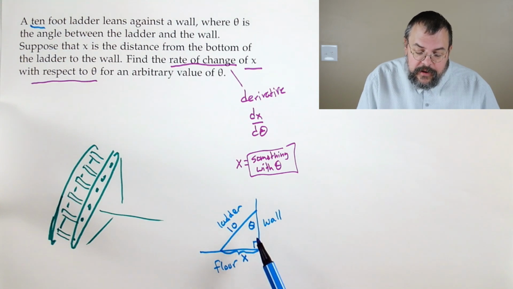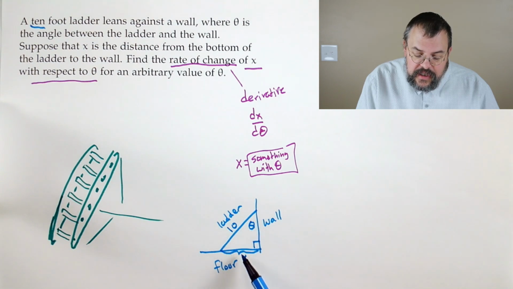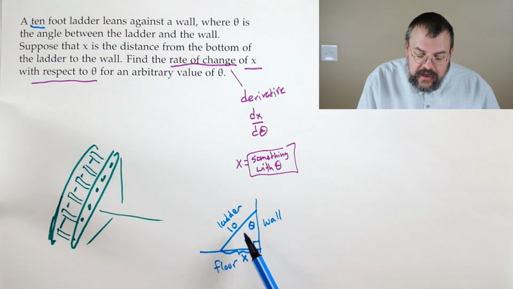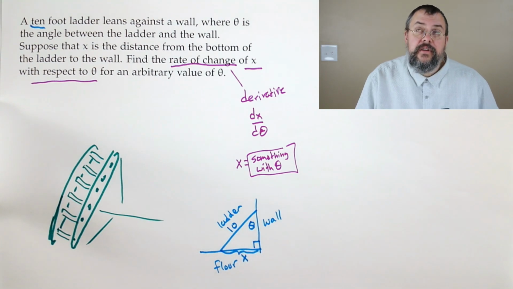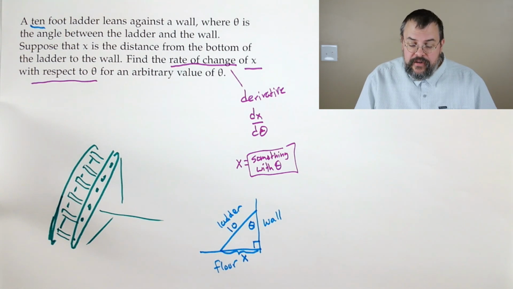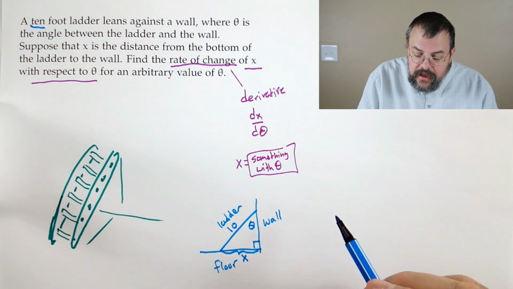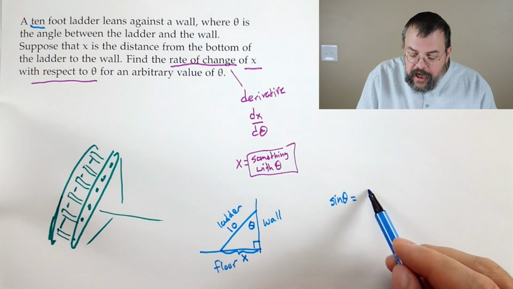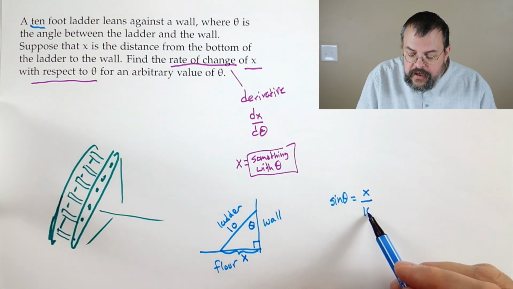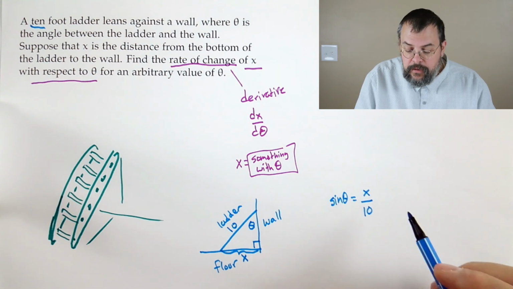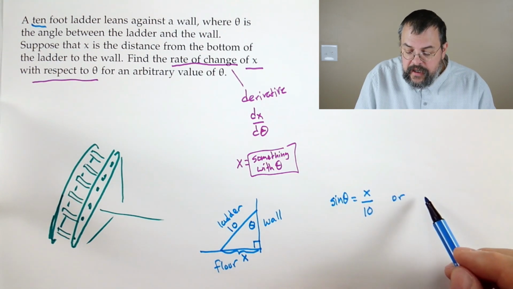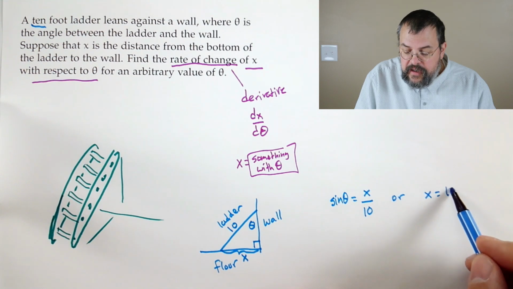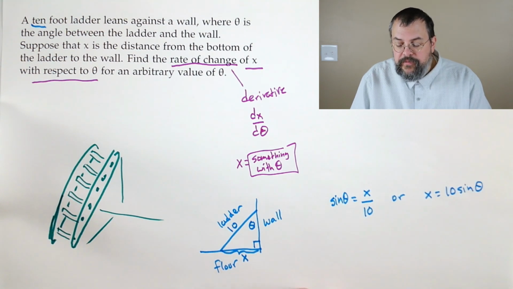In terms of the relationships, I see that X is opposite to theta. 10 is the hypotenuse. So opposite and hypotenuse tells me there's a sine theta. Sine of theta is opposite over hypotenuse, or we get X equals 10 sine theta.